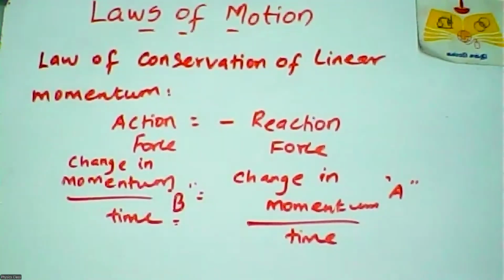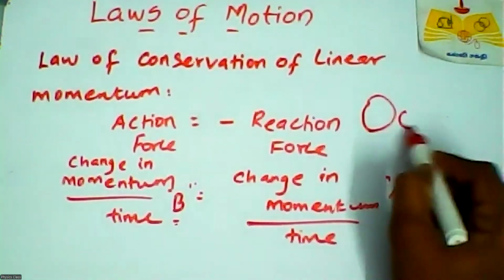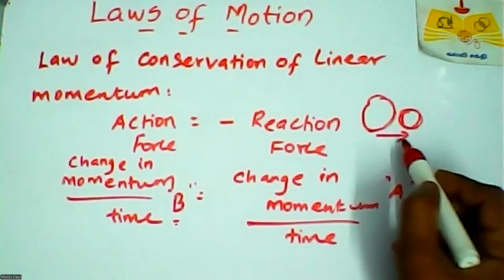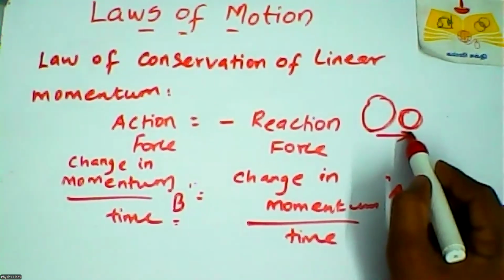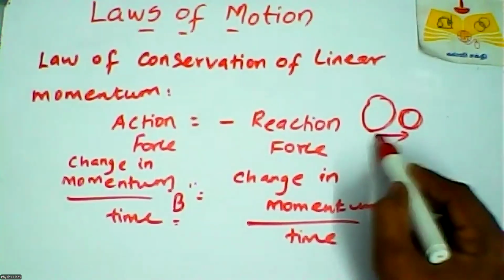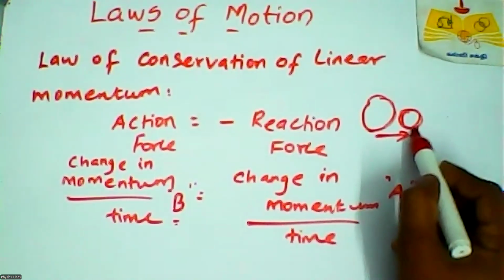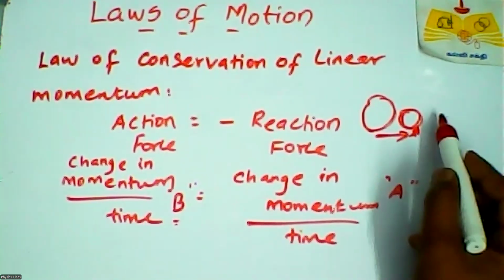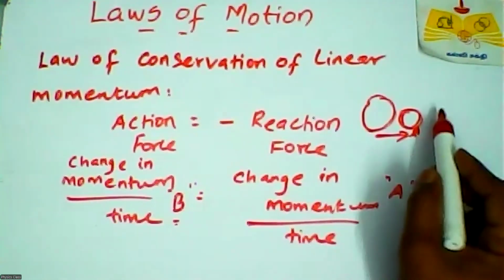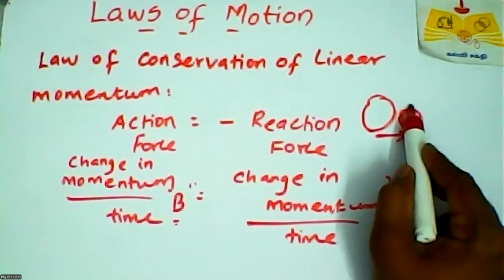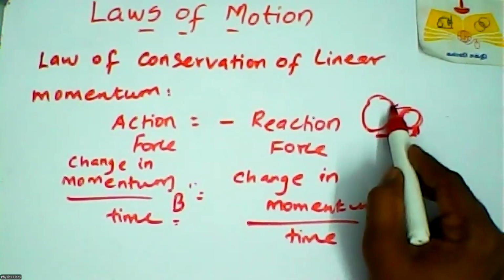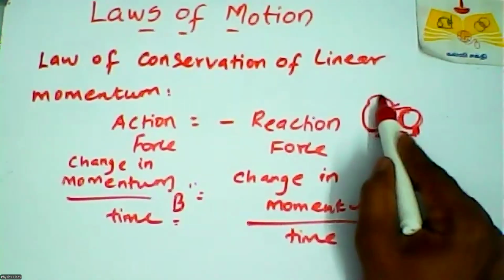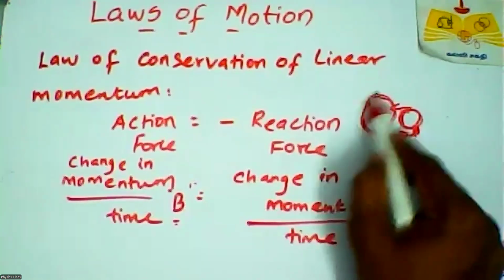Suppose two objects collide. This object exerts a force on this object. Moreover, that force will change the momentum of this object. By the same process, this object will exert a force on this object, and that force will change the momentum of this object also.